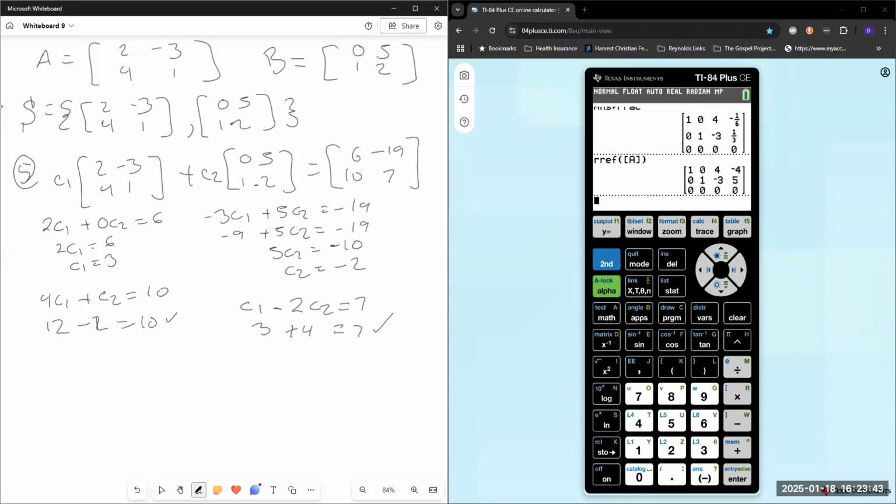So my C1 is 3, and my C2 is -2. So I have 3 times matrix A minus 2 times matrix B is equal to 6, -19, 10, 7.